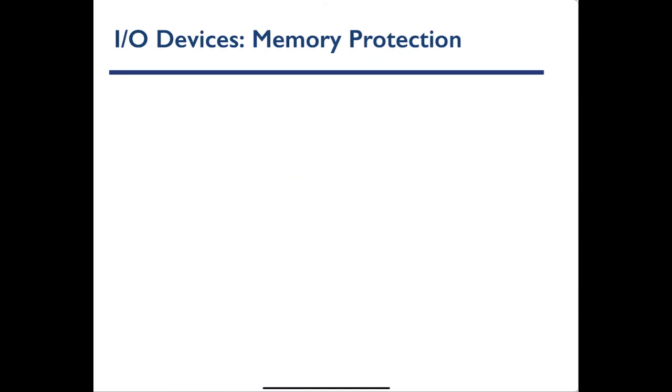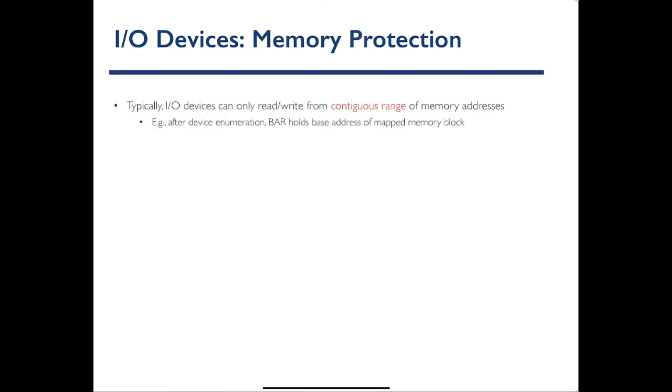Okay, now let's talk about memory protection. Historically, oh, I got another question. Is it the norm that there is a memory bus per CPU core? There is a memory bus, yes. So you usually have a single memory bus.